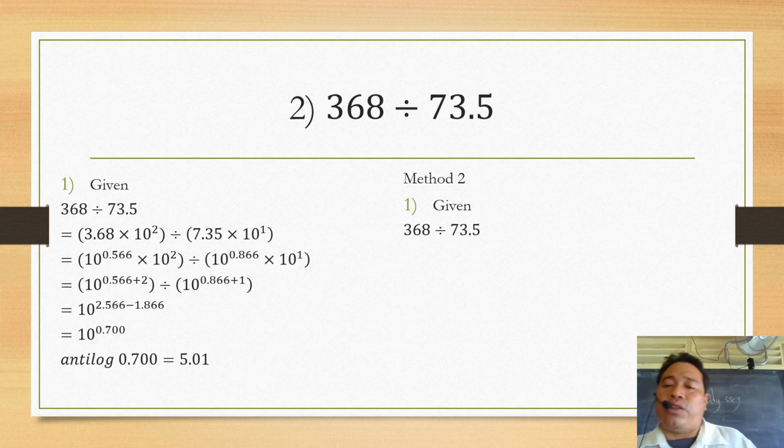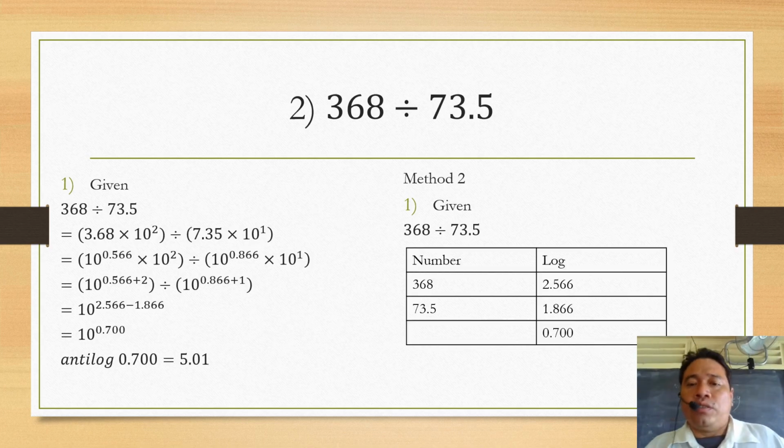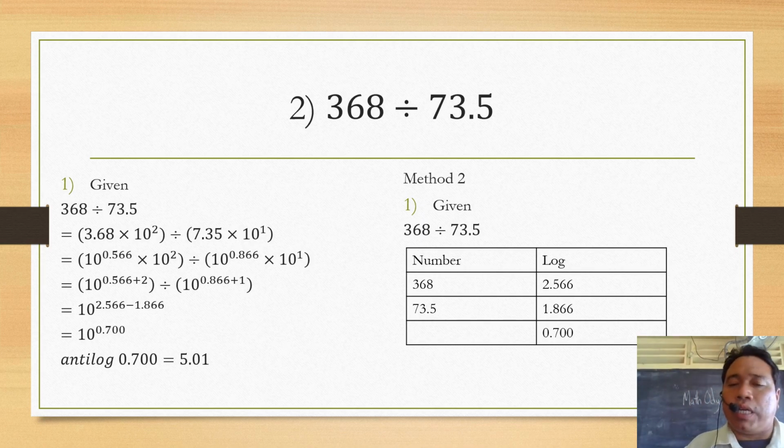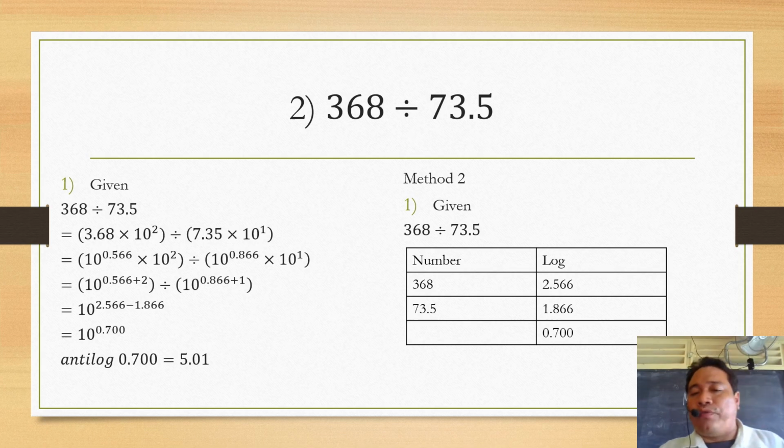So method 2, we're given 368 divided by 73.5. This time we're going to use a number log table. Number and log: 368, the log of it is 2.566. The number 73.5, the log is 1.866, and we subtract. So 6 minus 6, 0. 6 minus 6, 0. 5 minus 8 cannot go.